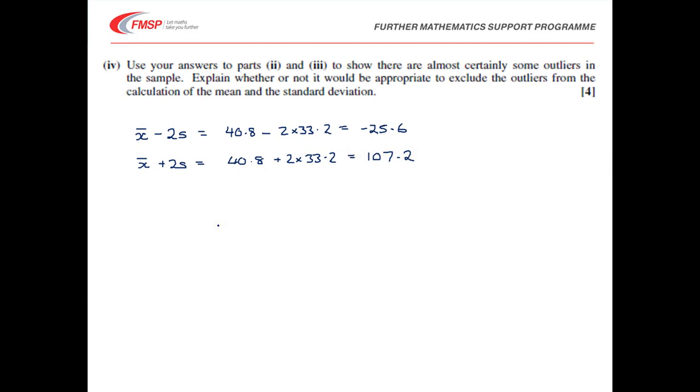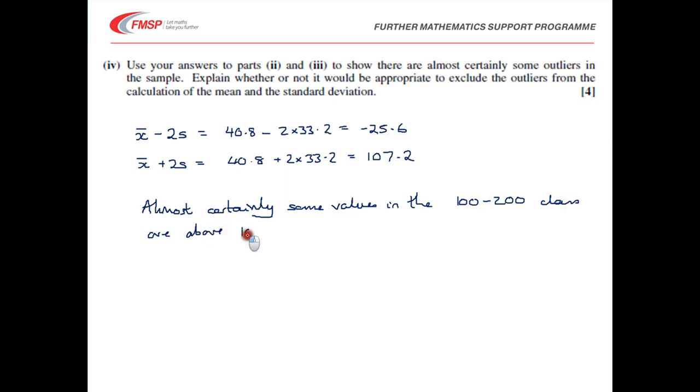Now, the first one's negative, so that's no good, but we've got a category of 100 to 200, and it's highly likely that one of those will be above 107.2, so that's what they're after here. So, almost certainly some values in the 100 to 200 class are above 107.2.